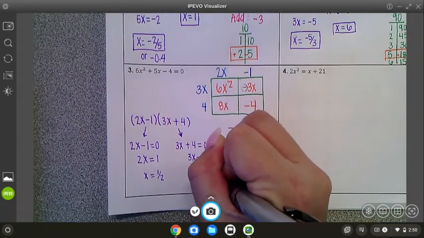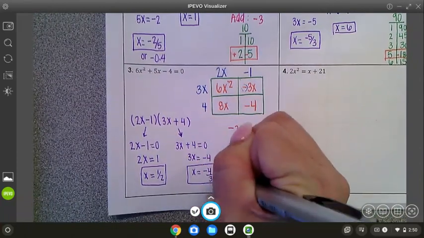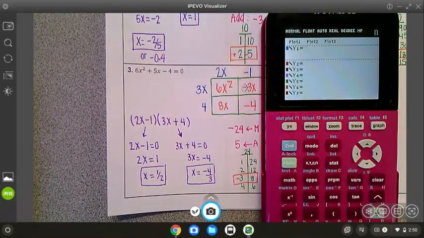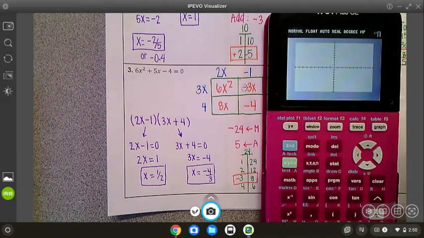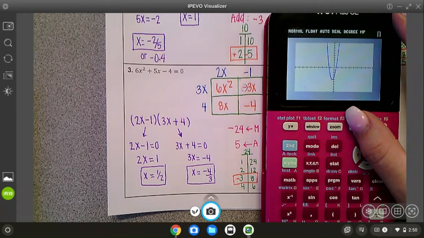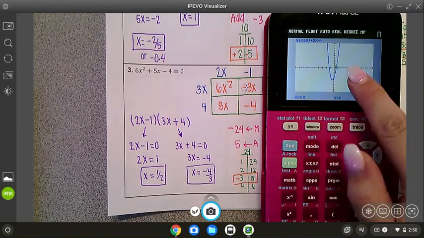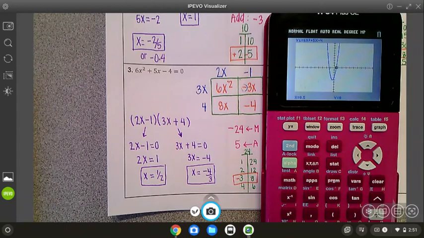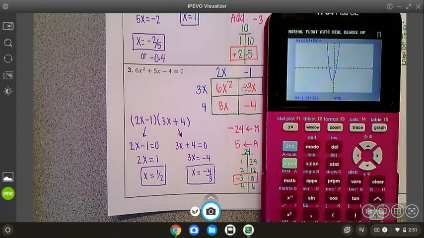So x equals -4/3. Let's look and check our answers. If I click trace and I type in 1/2, it does put me on the x-axis and y is 0. So that means it's an x-intercept. And -4/3, yep, that's the other one where y is 0.